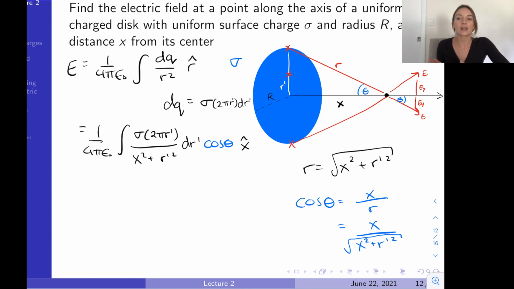Now, one thing you can do for all of these, if you want to prove to yourself that the y component really does cancel for all the problems we've done so far, is that the y component is going to be given by sine theta here. So you can figure out how to write sine theta in terms of our variables, and then actually do the integral.